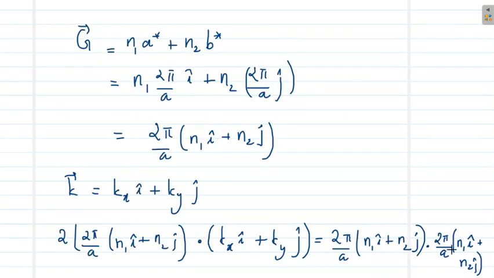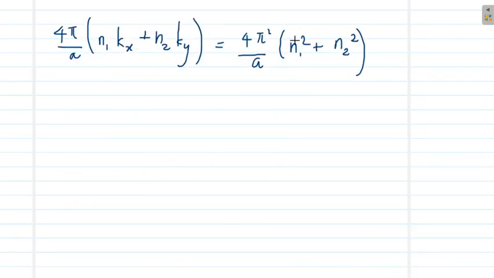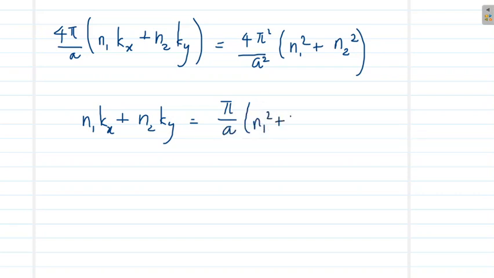It is simply n1 into n1 plus n2 into n2. Cancelling the common terms, we can obtain n1 kx plus n2 ky equal to pi by a into (n1 squared plus n2 squared). So this is the simplified form of the Bragg's condition within a crystal in the case of electrons.